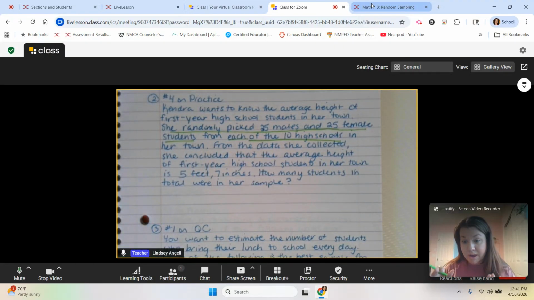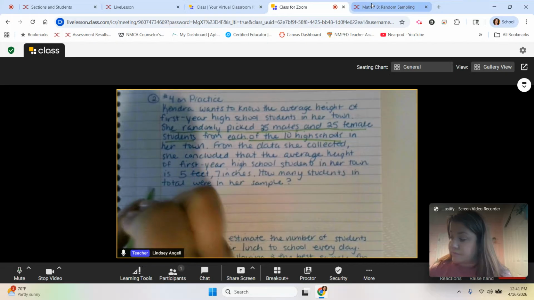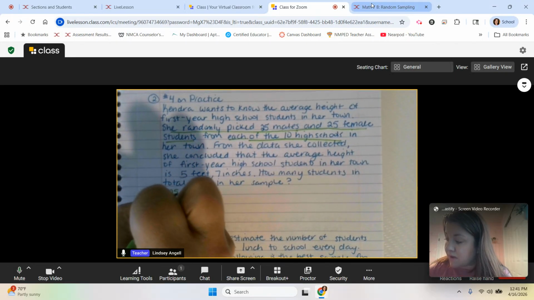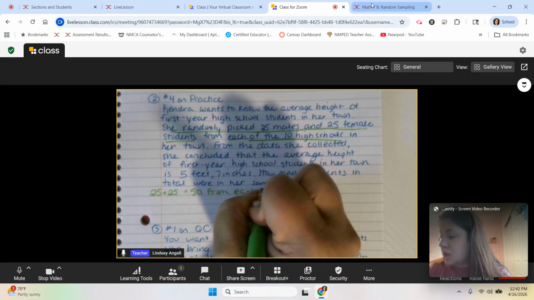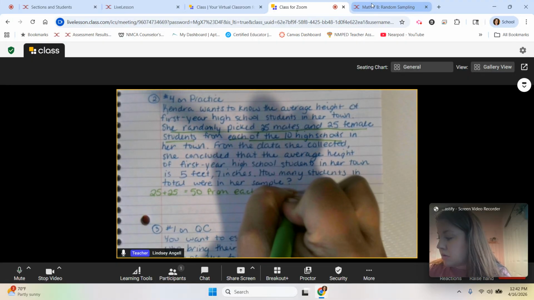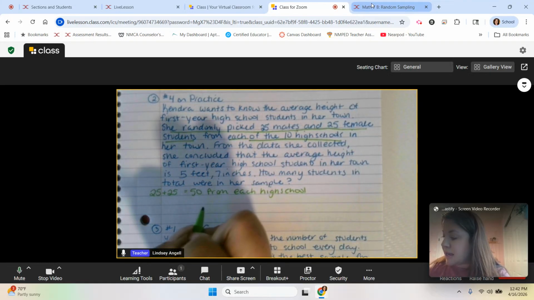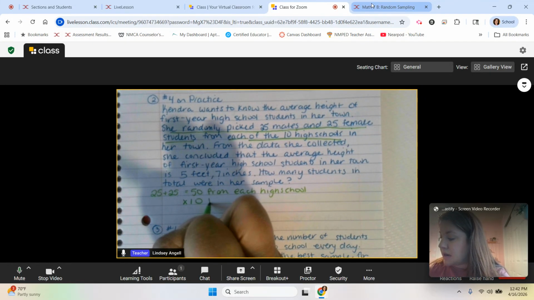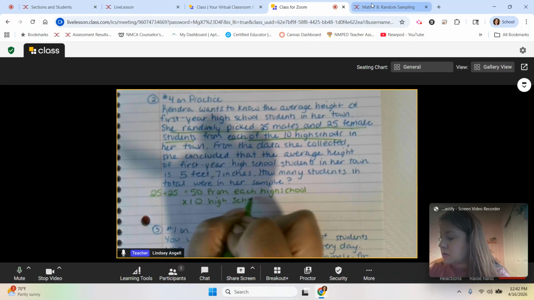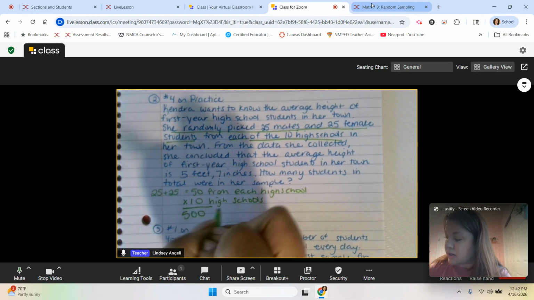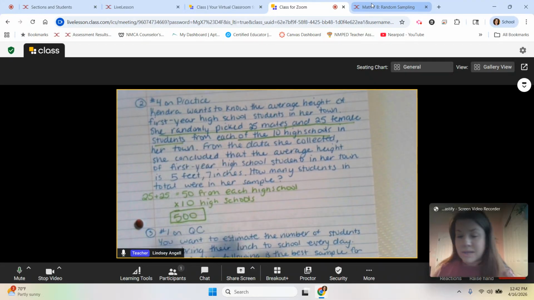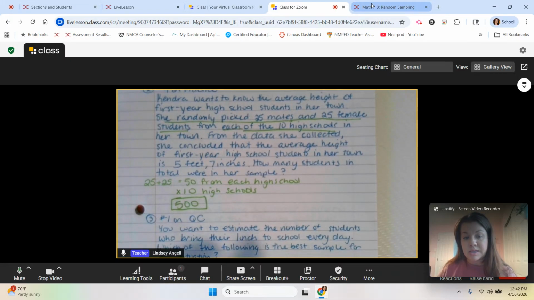So 25 plus 25 equals 50 from each high school. Well, there's 10 high schools, so times 10 high schools, 50 times 10 is 500. So that's the size of her sample. She surveyed 500 students to get her data.